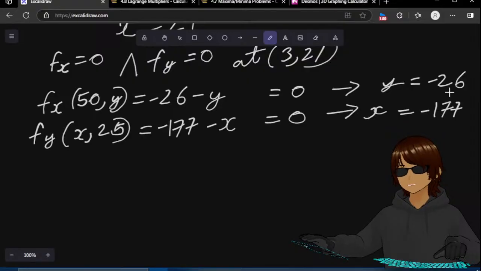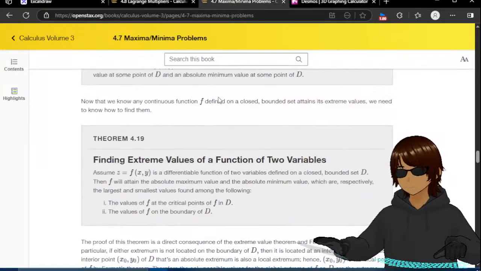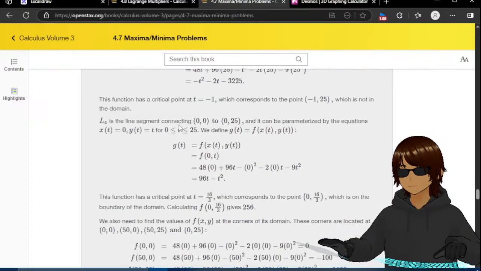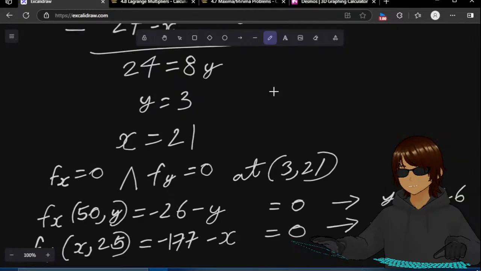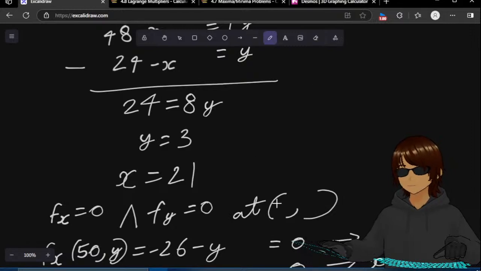This is not part. So 3, 21 is the point, right? Twenty-one, three. Yeah, it's 21 and 3. 3 hours, 21,000.